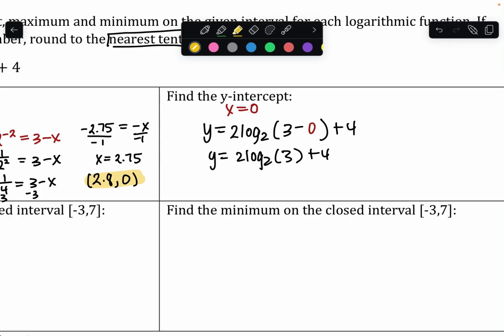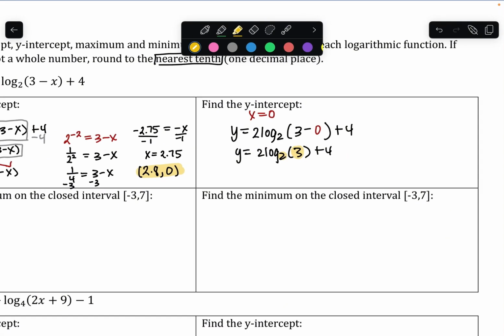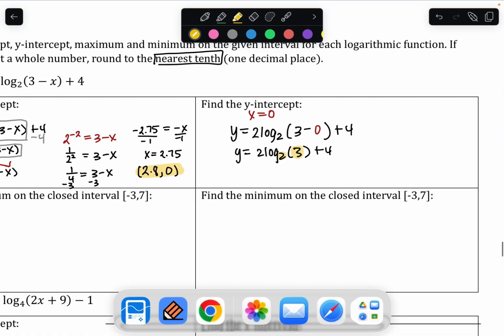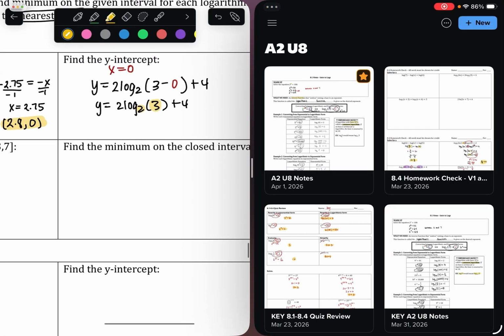And because 3 is not a power of 2, we have to use our calculator to simplify this.